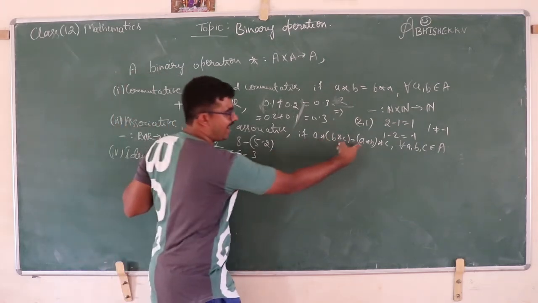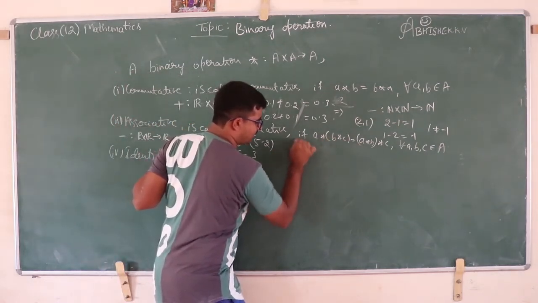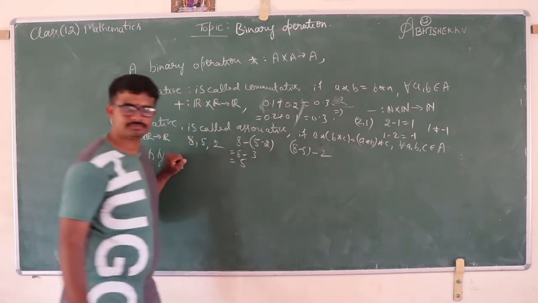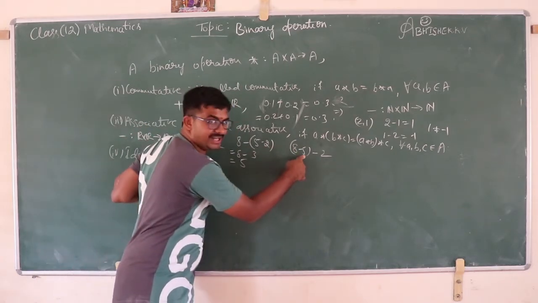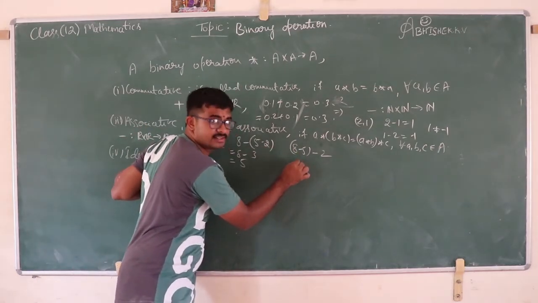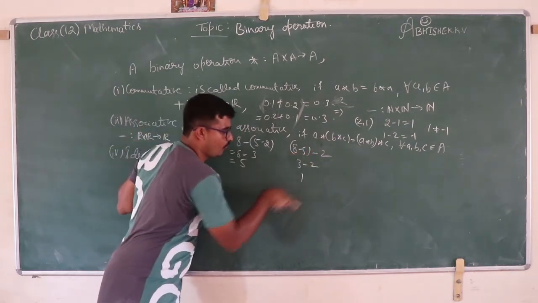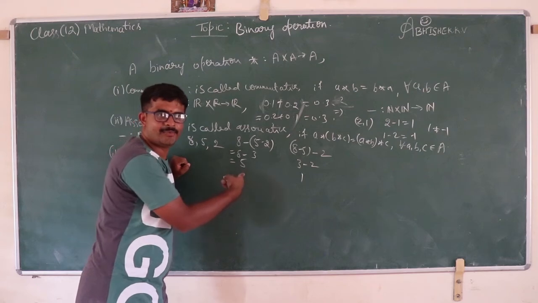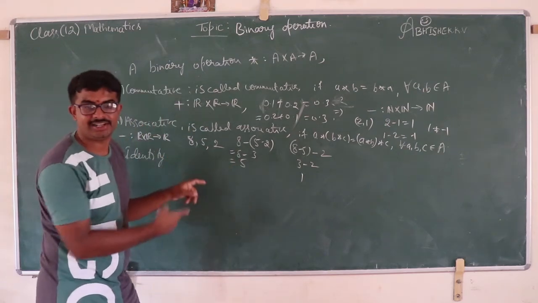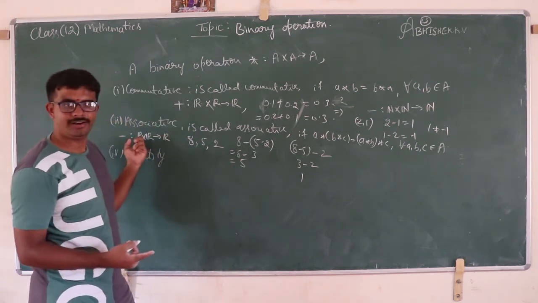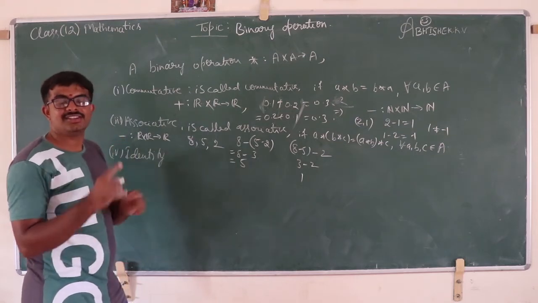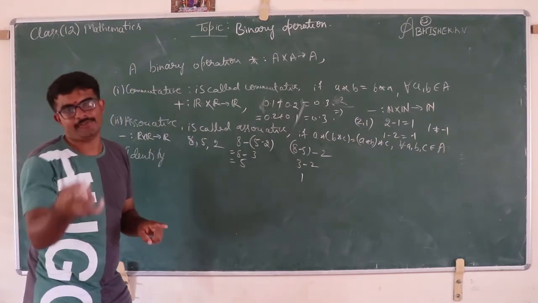What about RHS? 8 minus 5 minus 2. What is 8 minus 5? 8 minus 5 is 3, minus 2. What is 3 minus 2? 1. Is it associative? No. Therefore, subtraction is not associative on the set of real numbers.